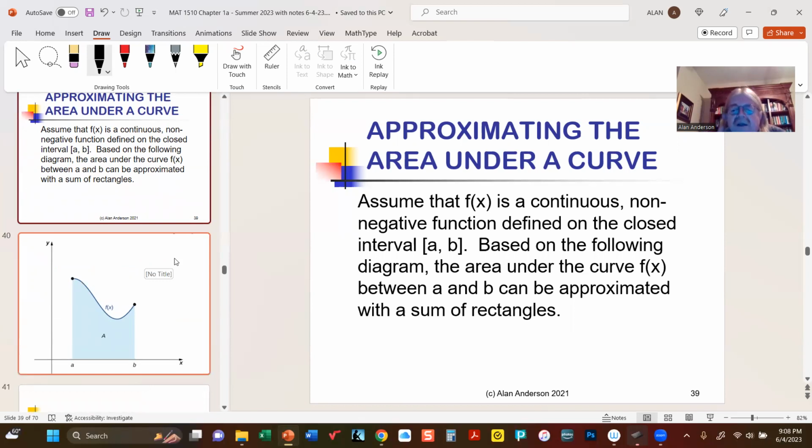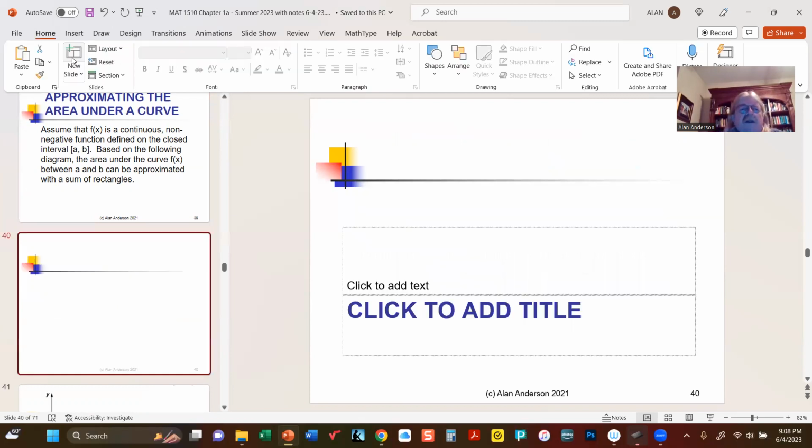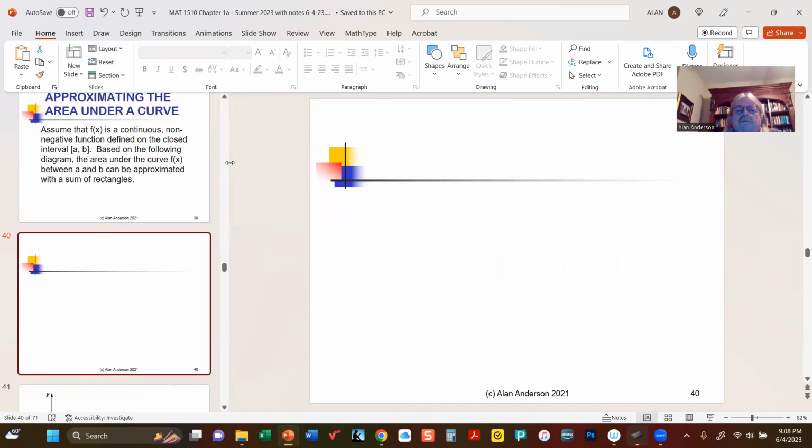By the way, I just want to remind you how the interval notation works. When you have something like this, that does not include either a or b.